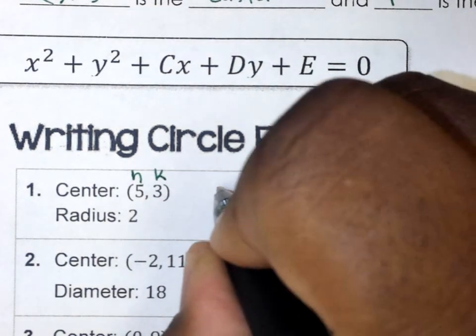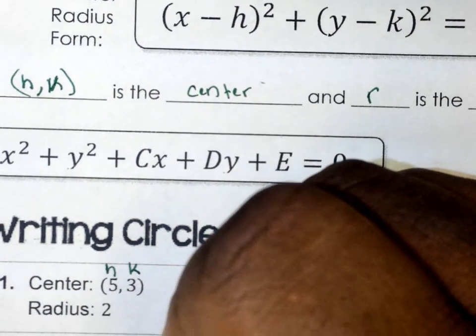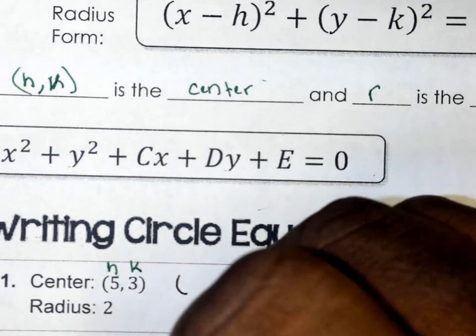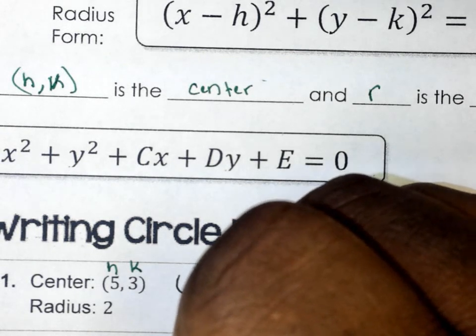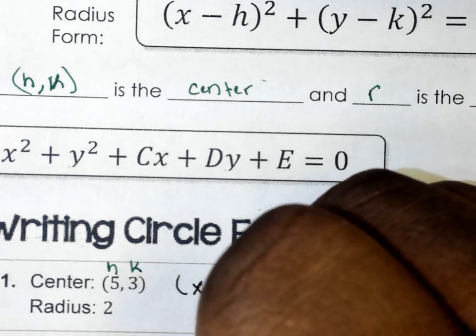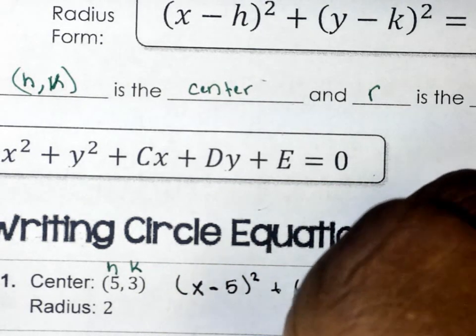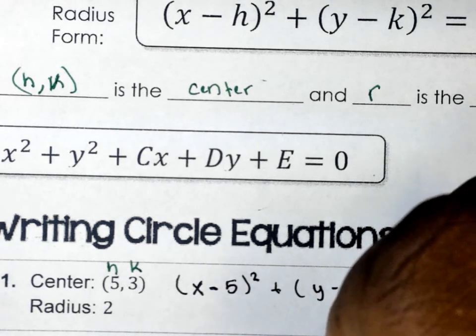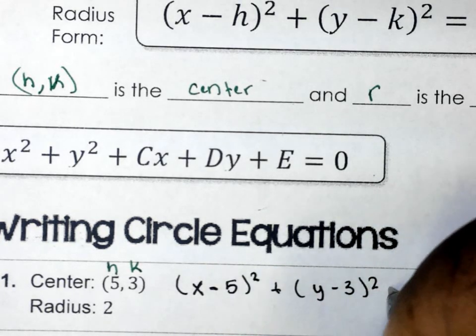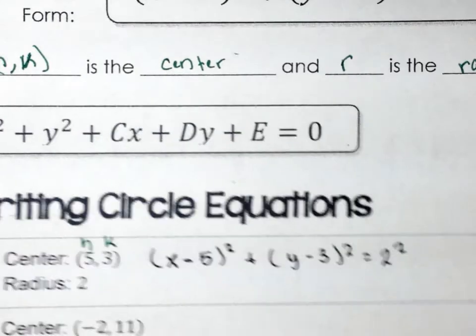From there, I'm going to plug into the center radius form equation. So in parentheses, I'm going to do (x - 5)^2 + (y - 3)^2 = 2^2.